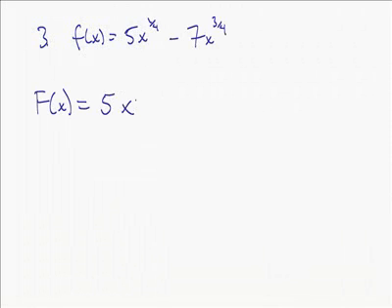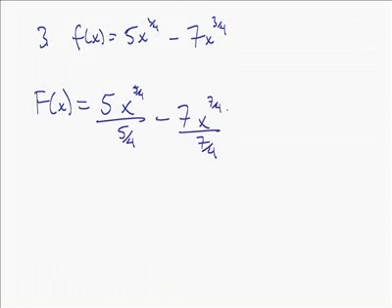So we'll bring the 5 down, and we're going to have x to the 1/4 plus 1. So 1/4 plus 4/4 is 5/4, and then we're going to divide by 5/4, minus the constant 7 times x to the 3/4 power is our original function, so add 4/4 to that and get 7/4, divided by that same amount, 7/4.